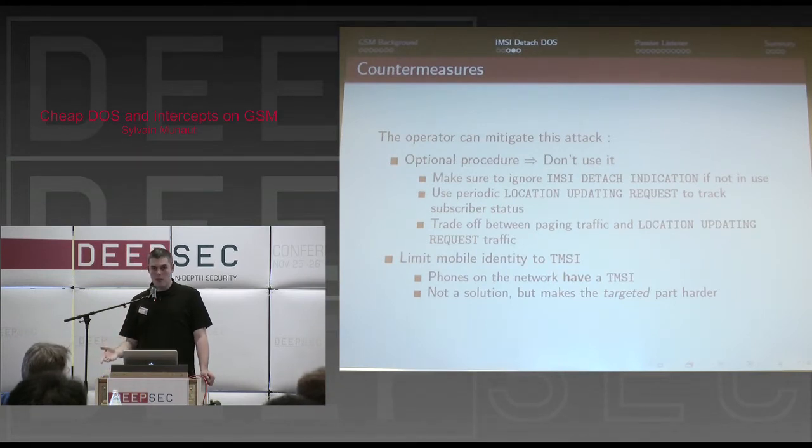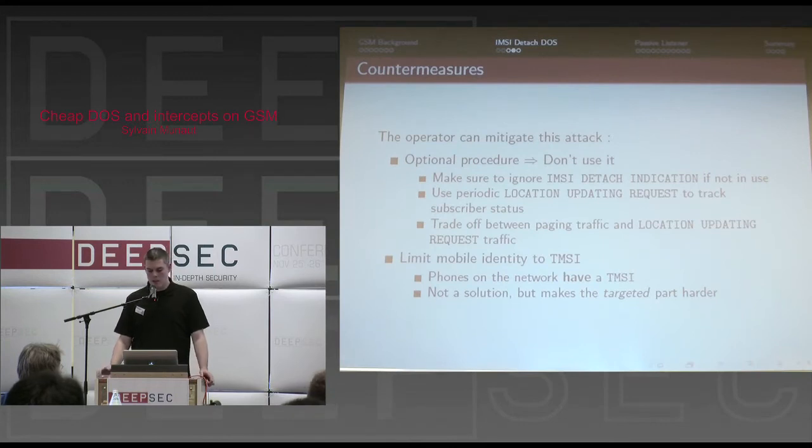Since he is logged in onto the network, he has a TIMSI. So you should only accept incoming IMSI Detach when they're specified by TIMSI. All phones I've seen use the TIMSI. Only an attacker would use the IMSI. It's not a solution, but at least it can make the targeting a little harder.